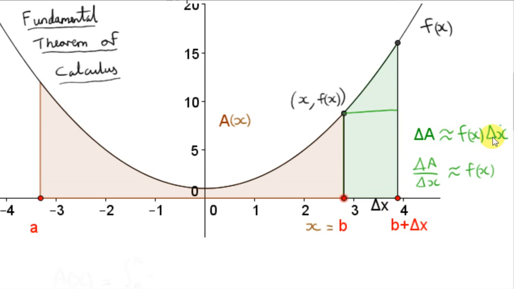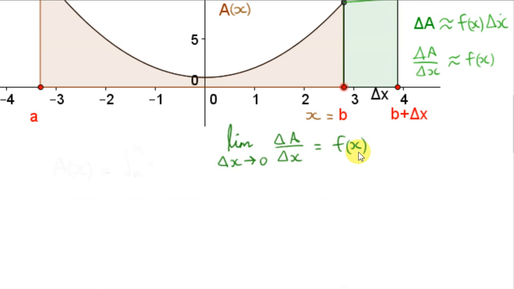We can divide both sides of this relation by delta x, and as we saw in the simulation, delta a over delta x is approximately equal to f of x. As a matter of fact, delta a over delta x can be made as close as we like to f of x by taking delta x sufficiently close to 0 but not equal to 0. So that means that in general we can say the limit as delta x tends towards 0 of delta a divided by delta x is f of x for any function of x, f of x. So we've seen all this in the simulation for the particular function of x.